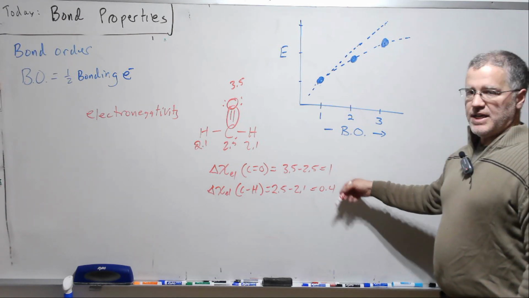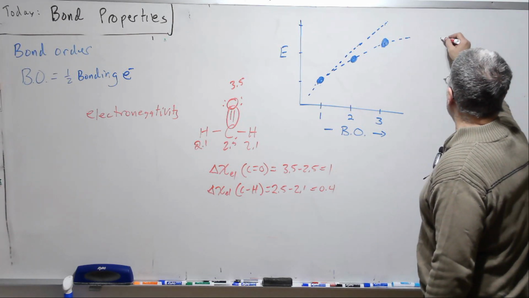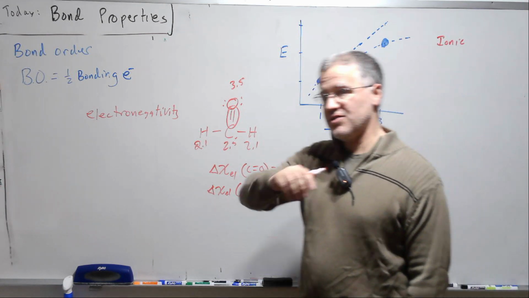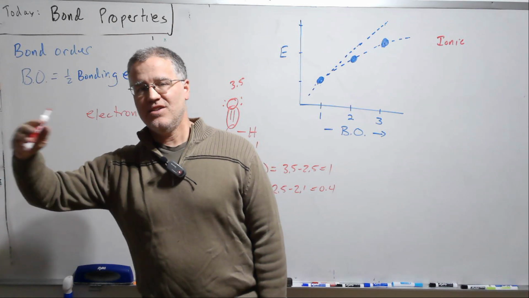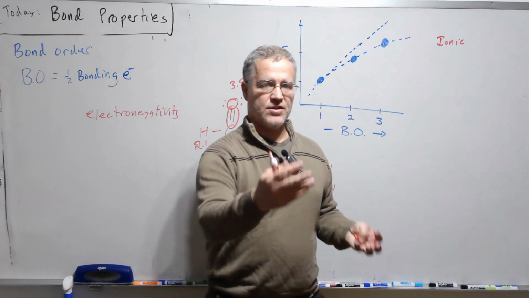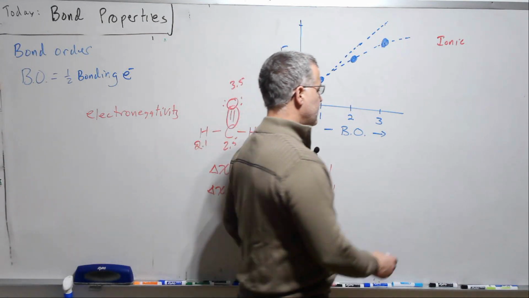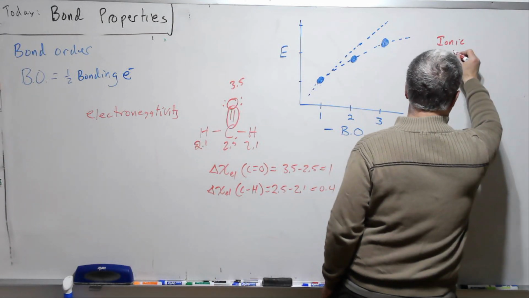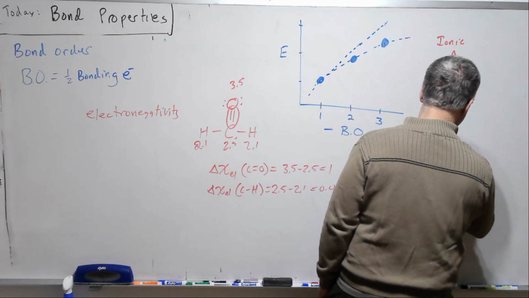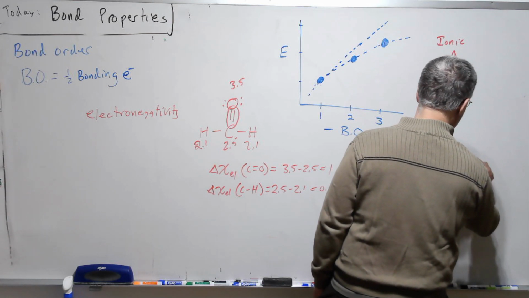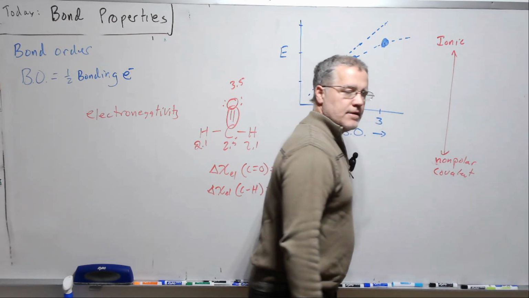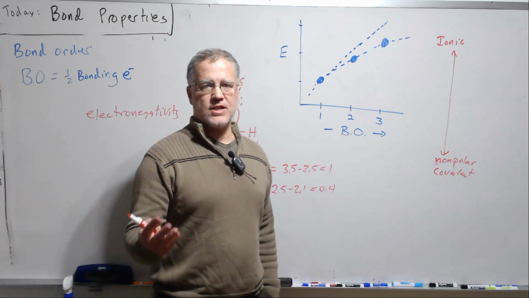Now, what do these numbers mean? Well, there's a sliding scale here from an ionic bond in which it's a complete non-sharing. One takes a full electron and the other gives up that electron, all the way down to nonpolar covalent. So we know a covalent bond is when electrons are shared.